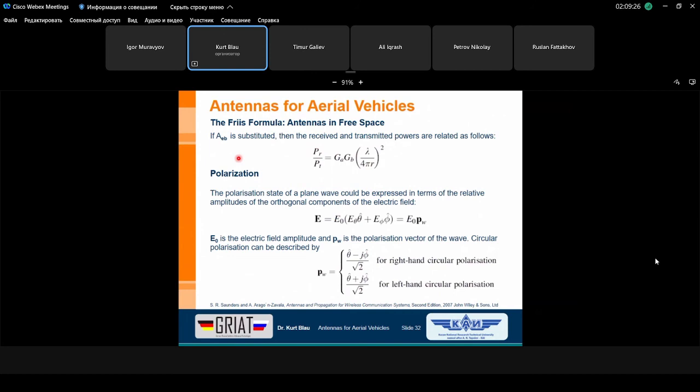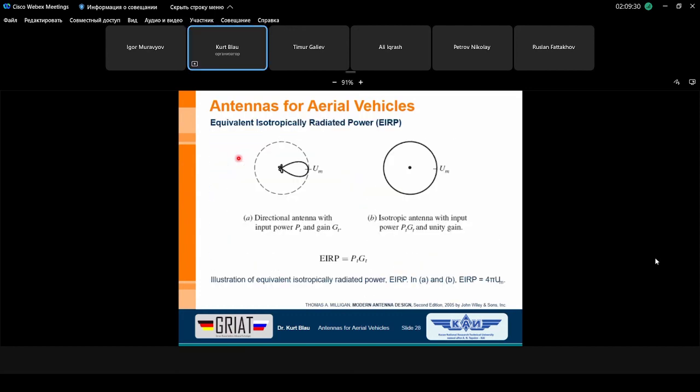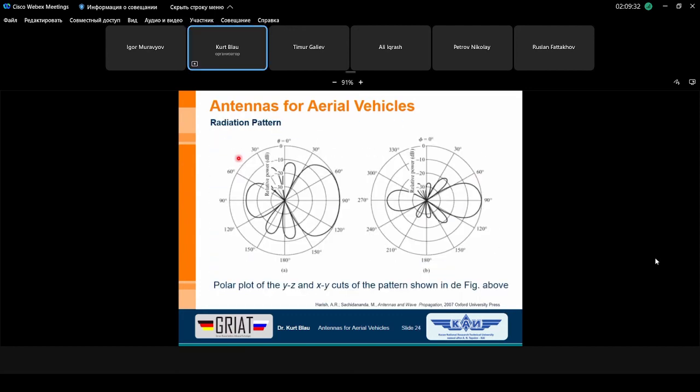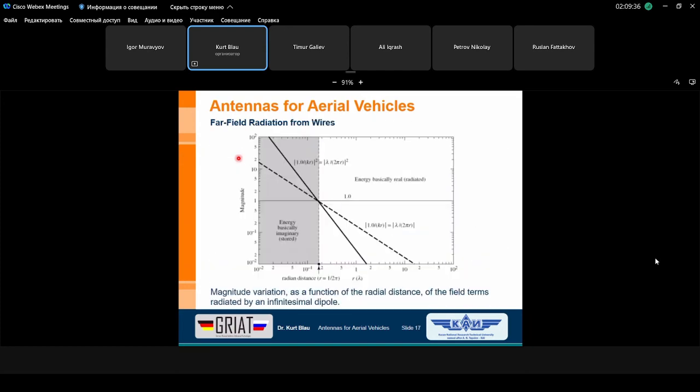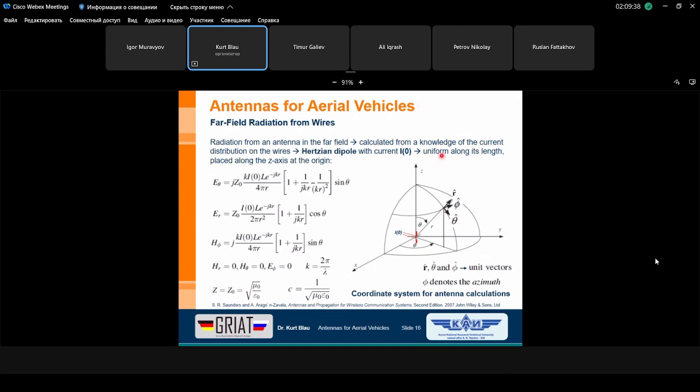For this purpose, let's switch back to this diagram in spherical coordinates. I already told you that if the dipole is localized in the direction of the z-axis, then the E field vector is moving in this direction here, yes?